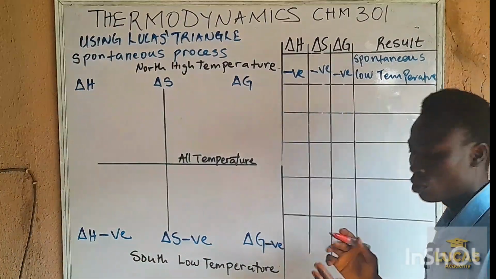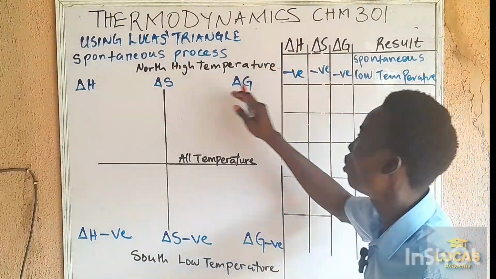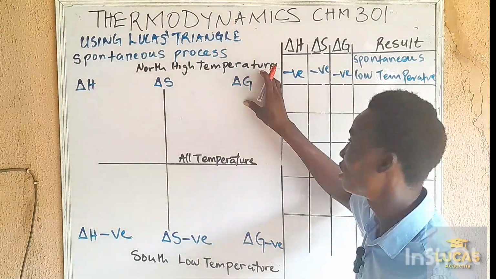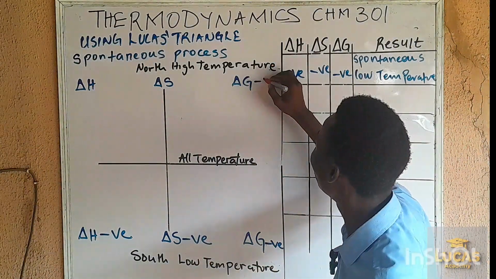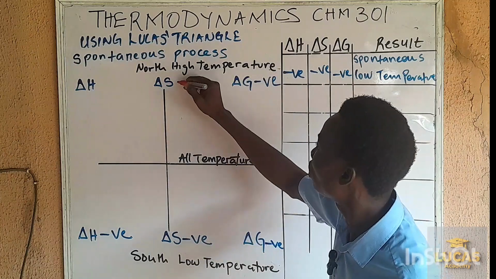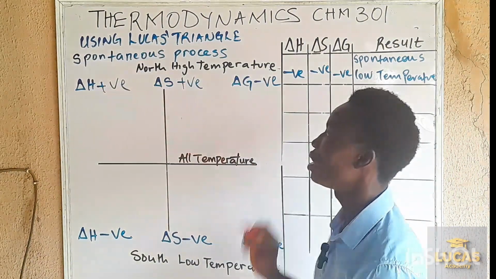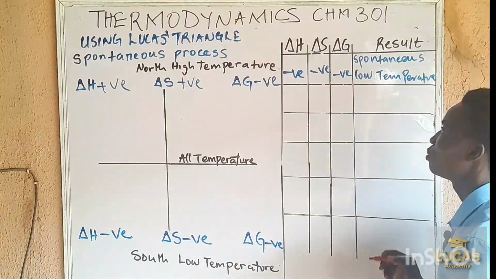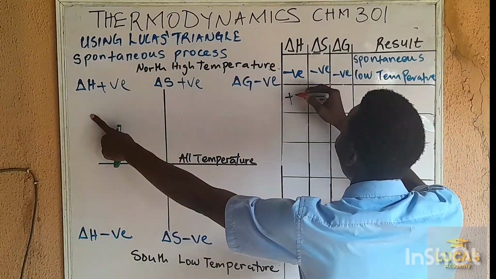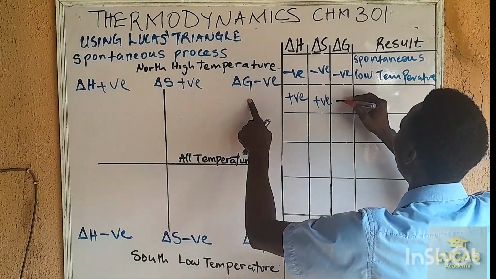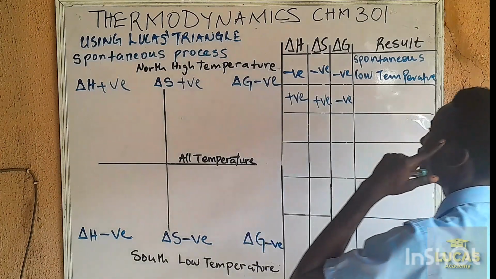So the next one you are going to deal with now is the upper one. For a spontaneous process, delta G must be what? Negative. So if this one is negative, you can take this one as positive, and this one as positive. So what will be the outcome from here? When this one is positive, this one is also positive, and this one here is negative, what can we say about this?